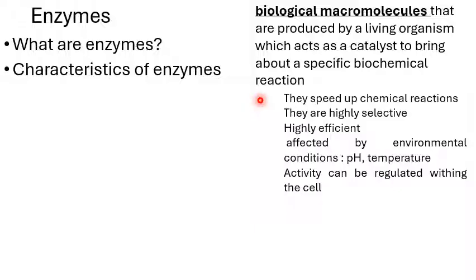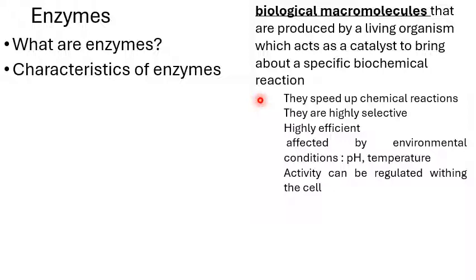Then, enzymes can also be regulated within the cell. Their activities can be regulated within the cell. They usually have some, let me say, enzyme moderators. Some of these enzyme moderators allow enzymes to be produced or inhibited.